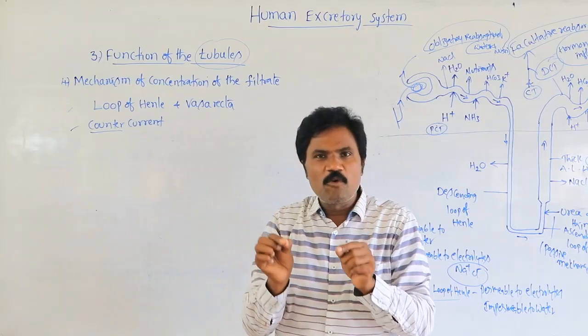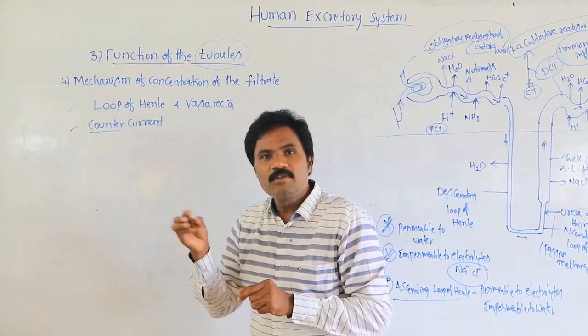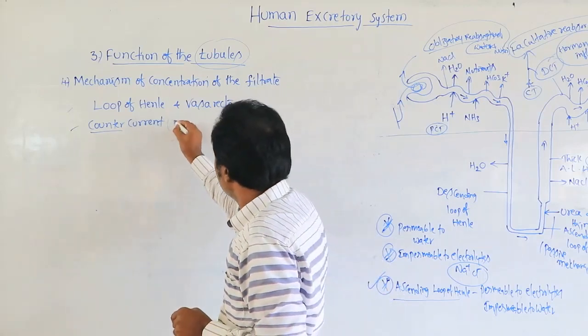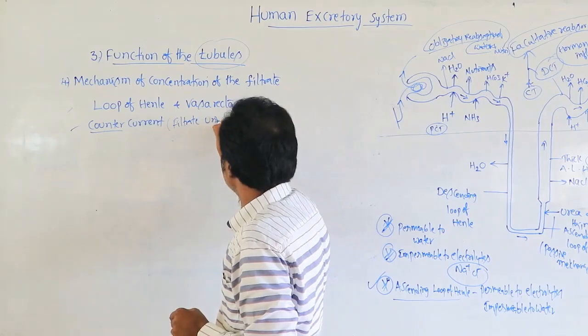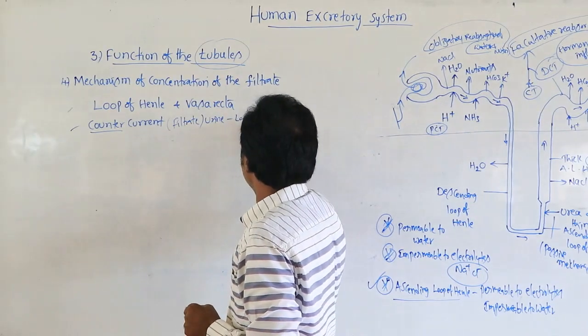So the fluid moving oppositely inside the loop of Henle is the filtrate, that means the urine. Then in the vasa recta, blood flows in the opposite direction. What type of flow takes place in the vasa recta? Blood is moving there. So counter current is there in both the vasa recta and the loop of Henle.